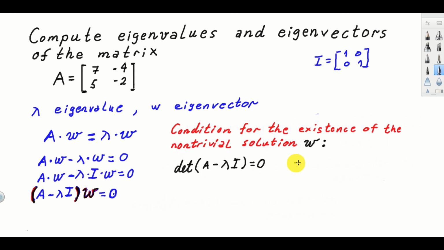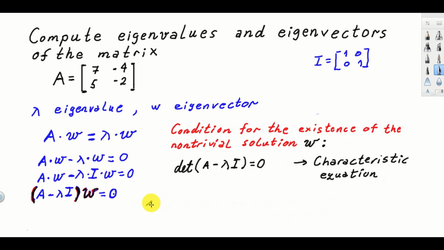This equation is called the characteristic equation. Then, if we compute this determinant as a function of lambda, we will obtain a polynomial that depends on lambda, that is, a polynomial whose independent variable is lambda.